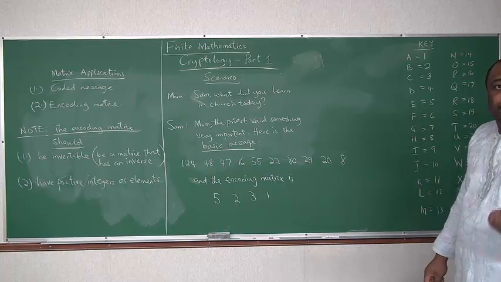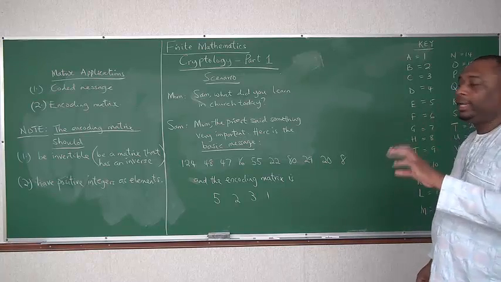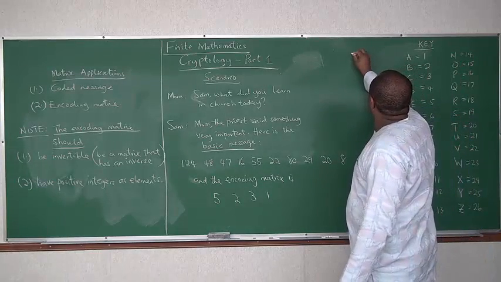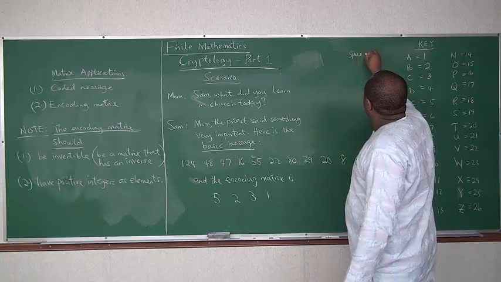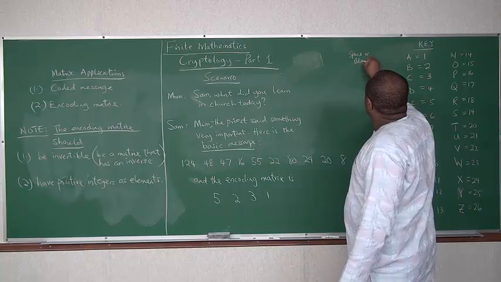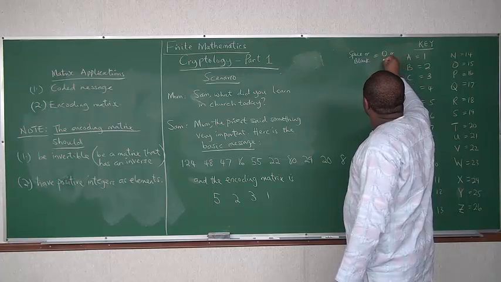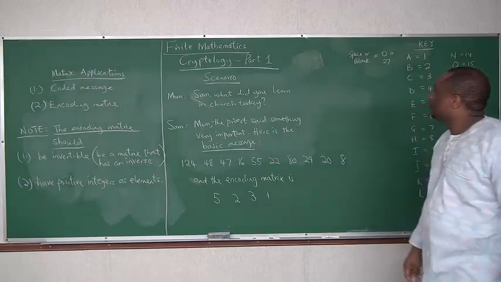Some people will also add more keys. They can say the blank, or space, to be 0. You can say 0 or 27 if you want to.